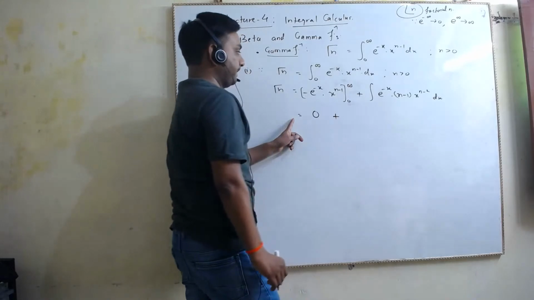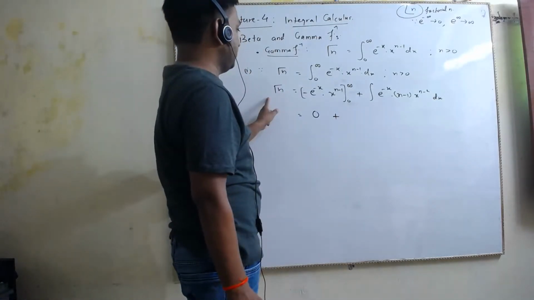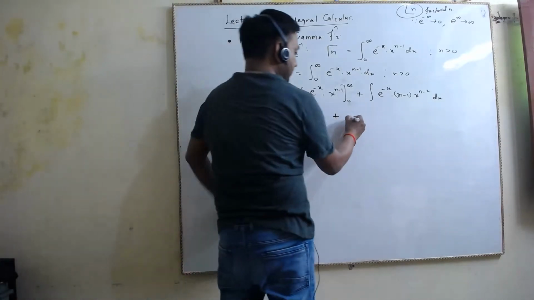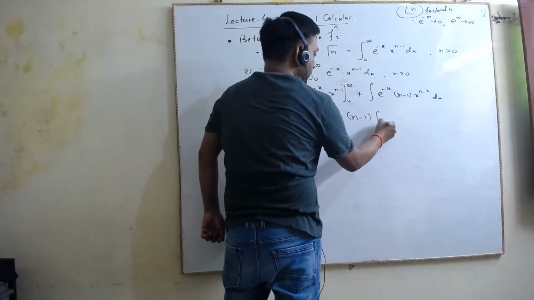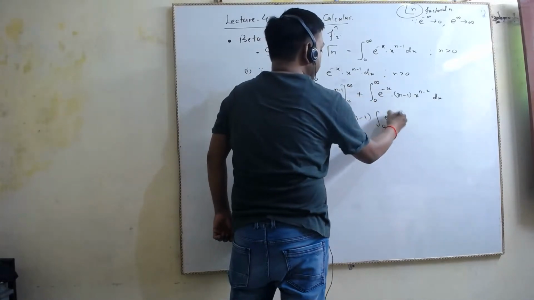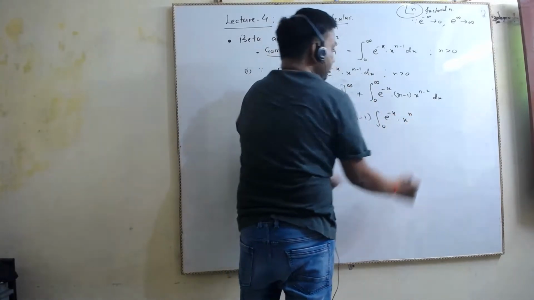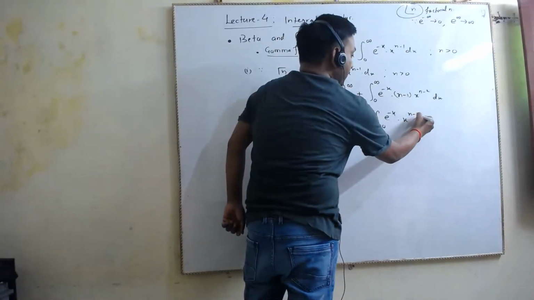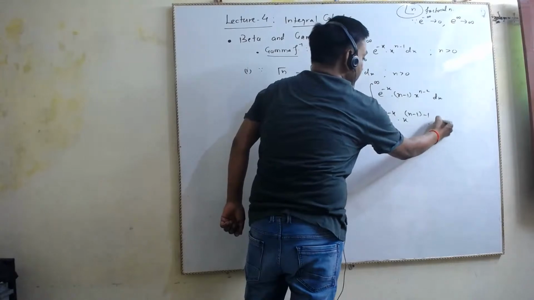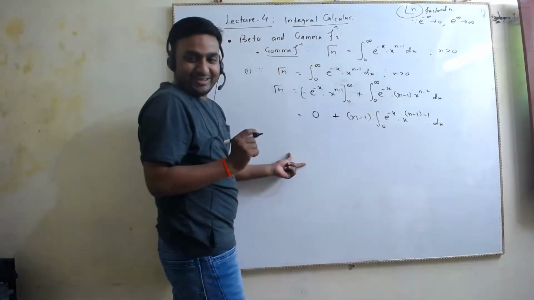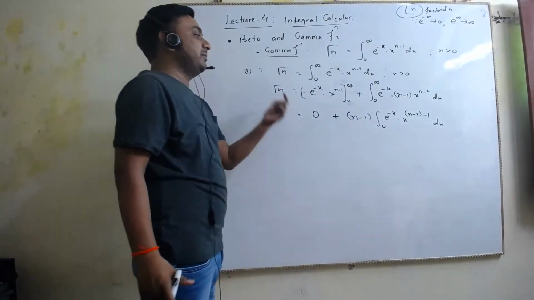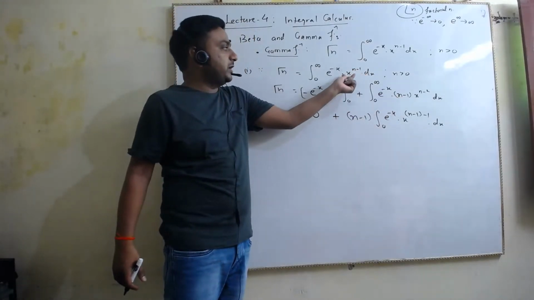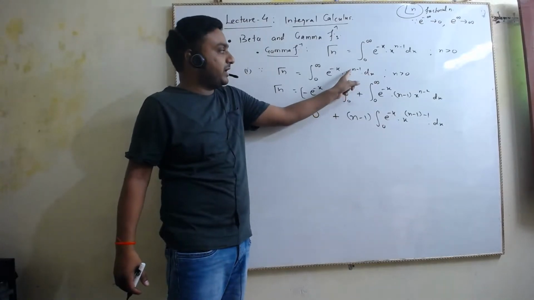Just wait a minute. Gamma n is this, so that can be written as n minus 1, integral 0 to infinity, e raised to the power minus x, x raised to the power n minus 2. Can I manage this as n minus 1 minus 1? Here in the gamma function, many times we will be doing this management, because our standard definition is x power n minus 1.